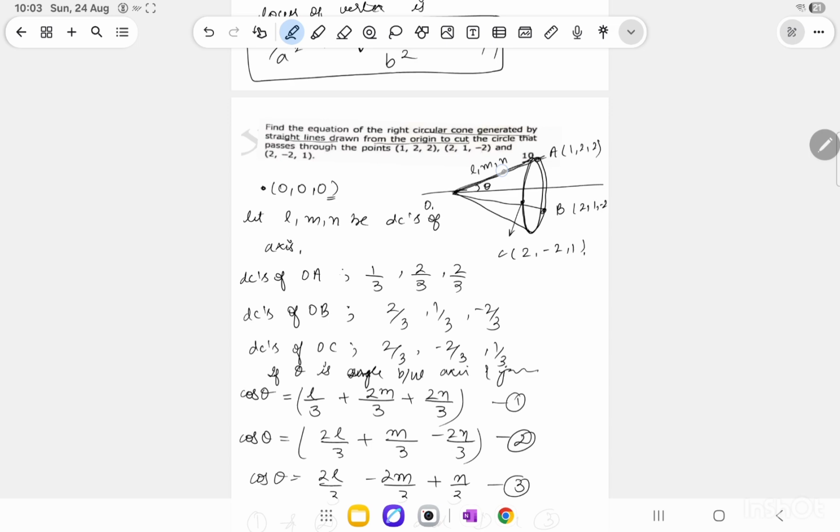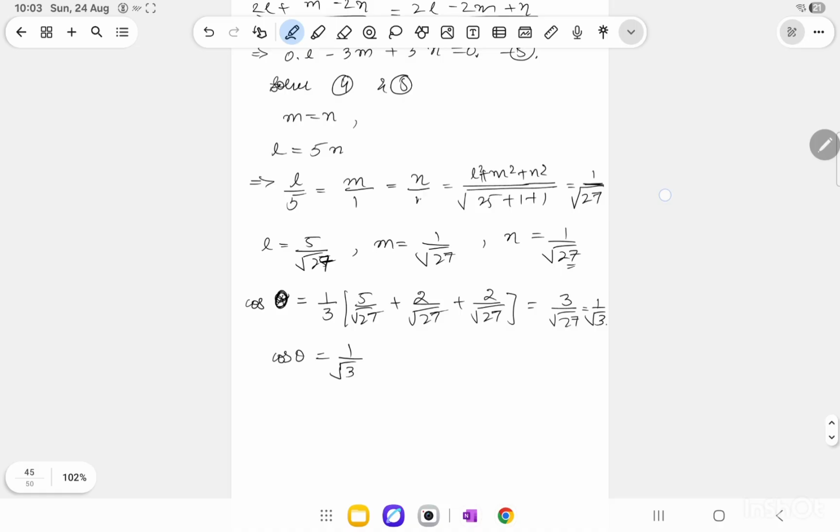So let us assume any arbitrary point P(x, y, z) on the cone. Let me draw it below as well.